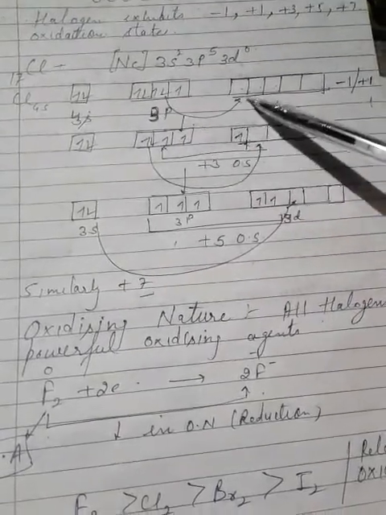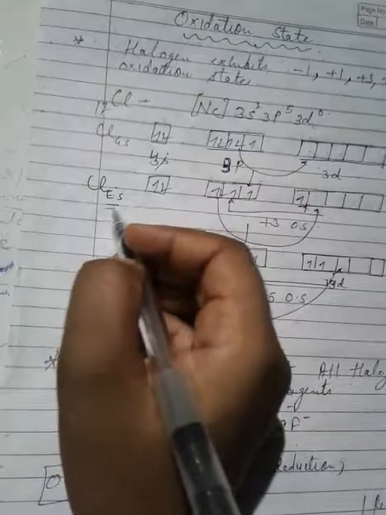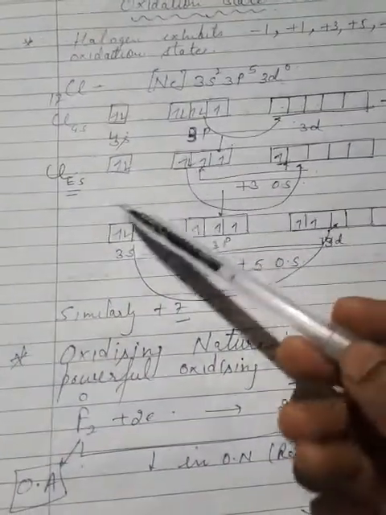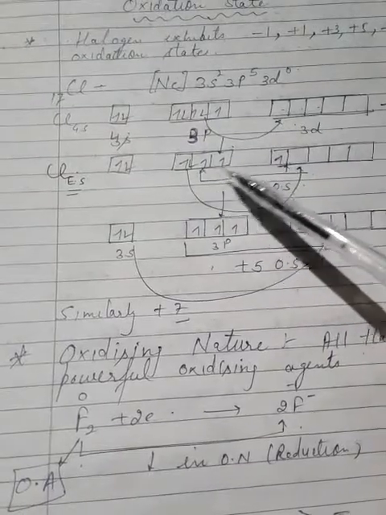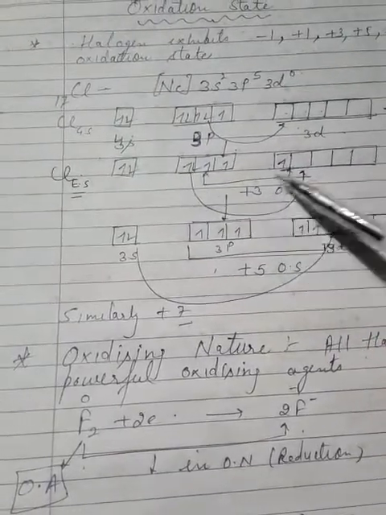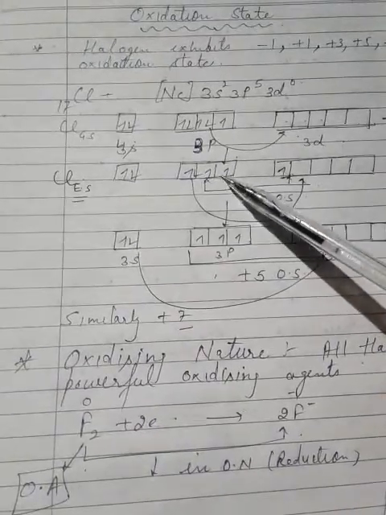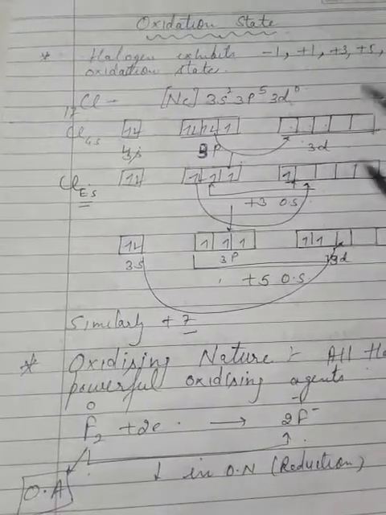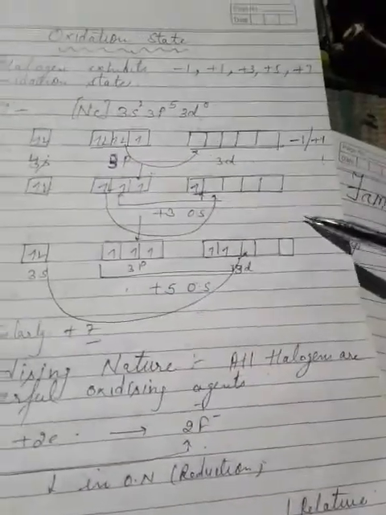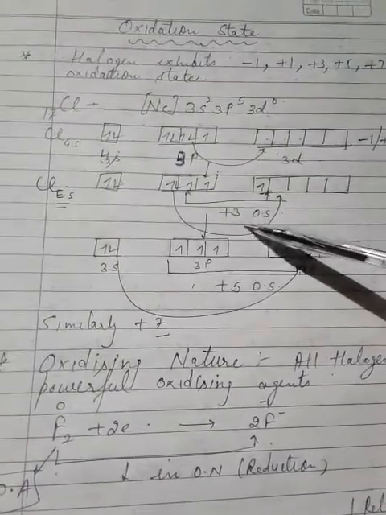When one electron is excited to a higher shell, chlorine is known to be in the excited state. So you can see that the configuration will be like this. Now there are 3 orbitals which are singly filled, so it has the tendency to take 3 electrons in order to complete its singly filled orbitals. So here it shows the existence of the +3 oxidation state.